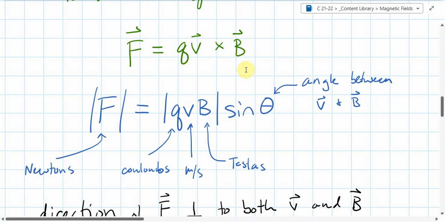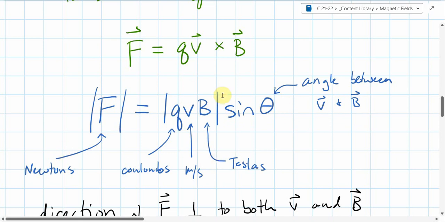If you want to look at that instead as a cross product, but as finding magnitudes of the force using the magnitudes of the vectors, this is what you get from a cross product. The magnitude of the force exerted on that particle in newtons is going to be charge times speed times magnitude of the magnetic field times the sine of the angle between the direction of the velocity vector and the magnetic field vector.